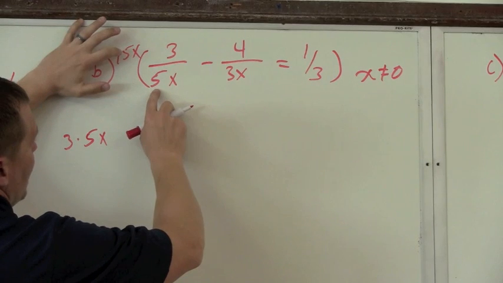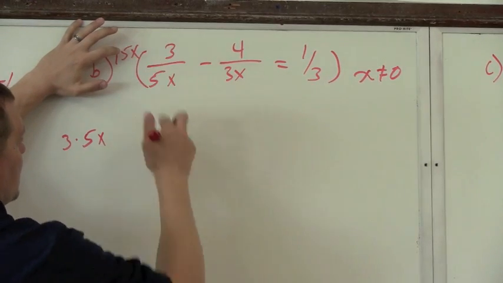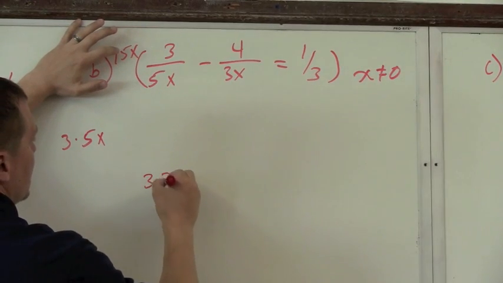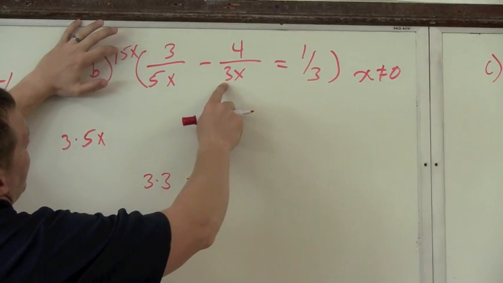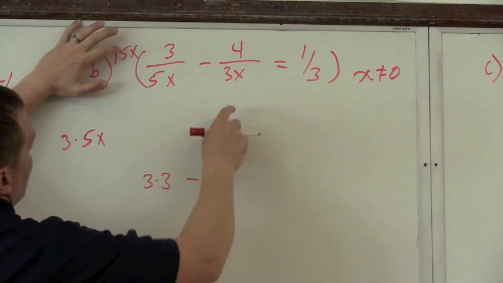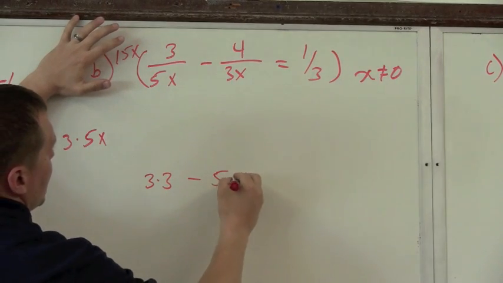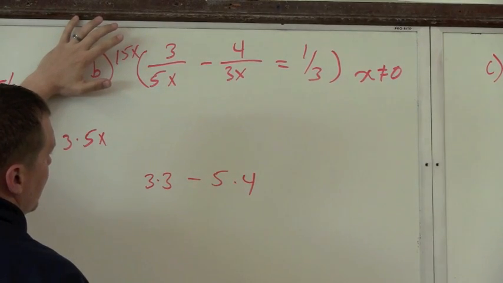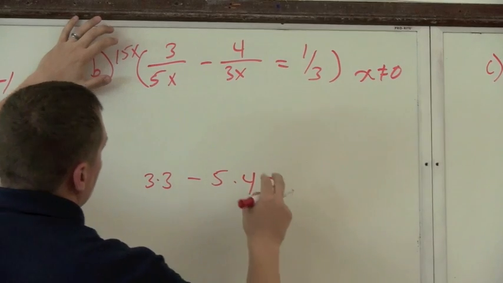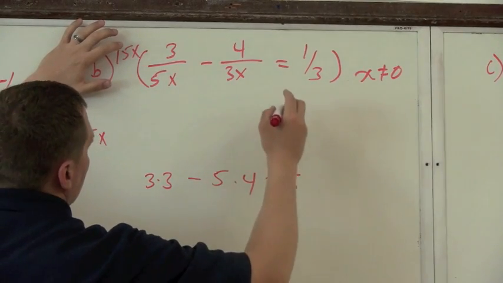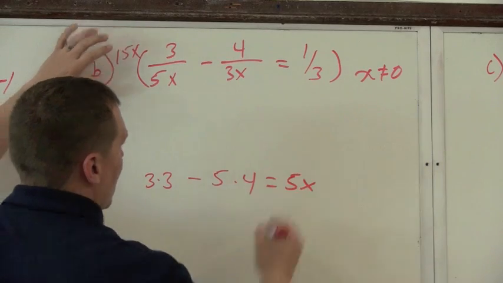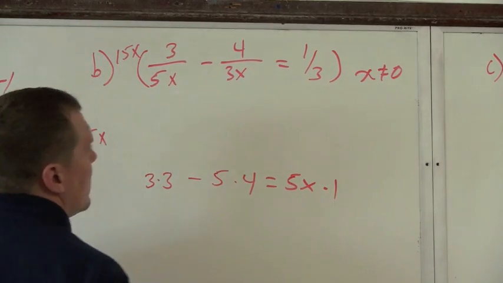So I already have the x, so I don't need that. 15 divided by 5 is 3. So 3 times 3 minus 15 divided by 3 is 5. X's cancel out, so it would be times 4, equals 15 divided by 3 is 5 times the x and times 1.